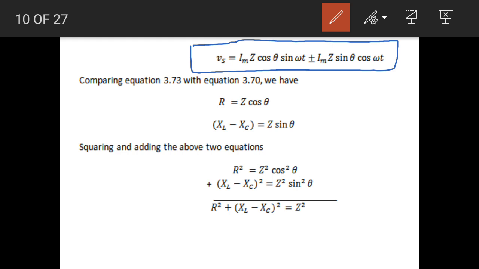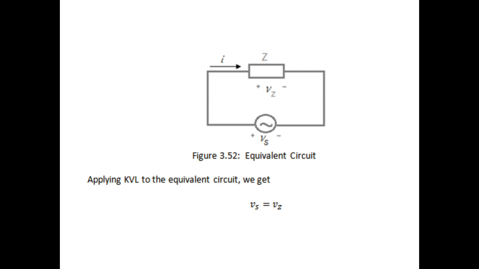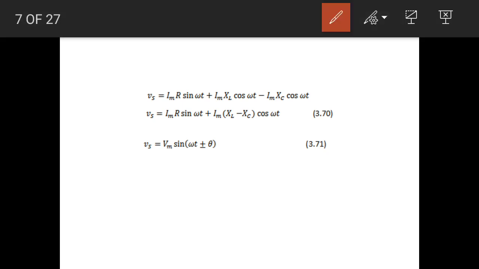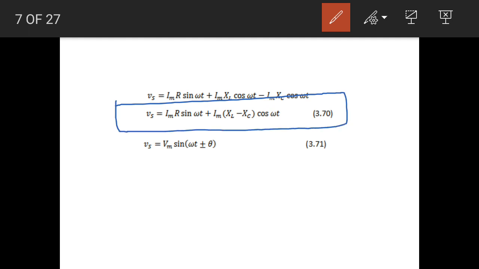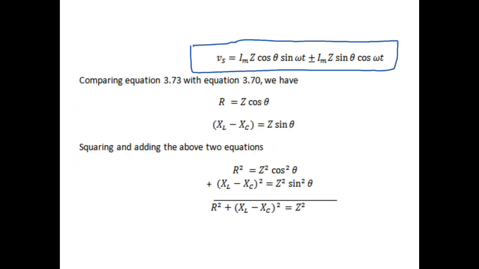You see, let us consider another equation for the source voltage. We have already derived this particular equation. Let me consider the equation over here. We can find out the voltage across the source with the help of equation number 3.70 as well. So I consider this equation and this equation.